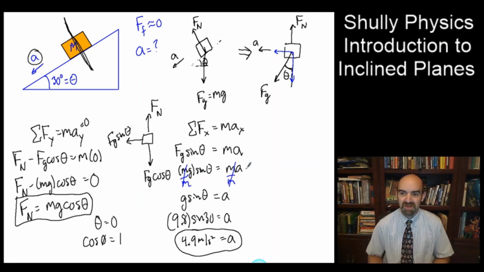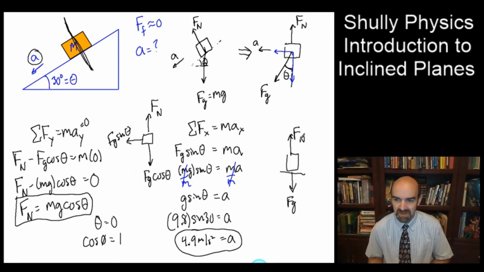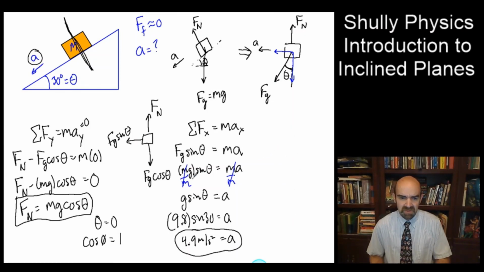That's what we expect. If there's a block sitting on the floor, or a football sitting in the grass, we'd have weight down and an equal amount of normal force up. Those two would be canceling each other out as balancing forces. Okay, let's get rid of that for now.